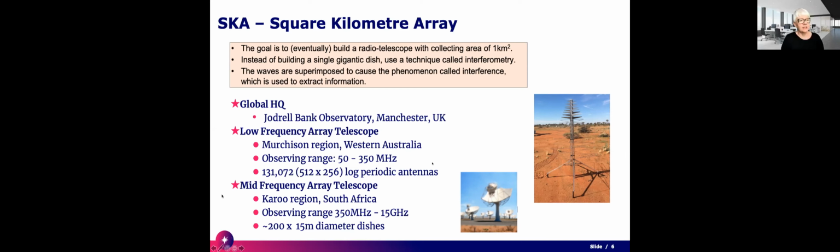So once again, the low frequency array telescope, that's one of the 2, is located in Western Australia. Its observing range is 50 to 350 megahertz, and it consists of more than 1,300 log periodic antennas that look something like Christmas trees, and are about 2 meters high, and of course, pointing to the sky above us. The mid telescope is located in South Africa, in the Karoo region.